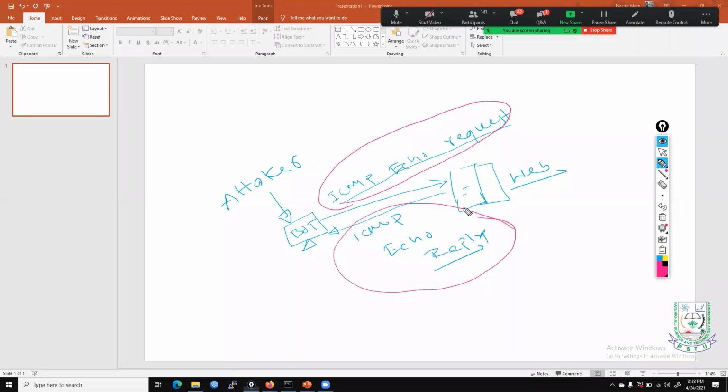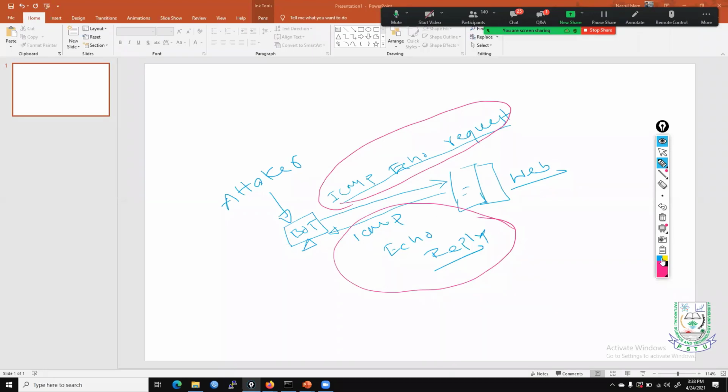That's a normal scenario. If we ping from Windows, 4 requests go to the web server, and against those 4 requests, 4 echo replies come back to the source, right?